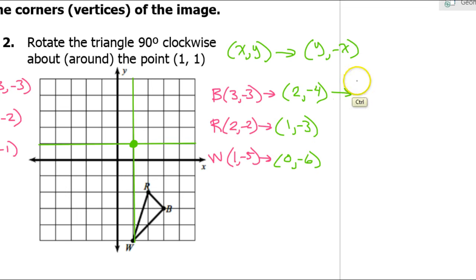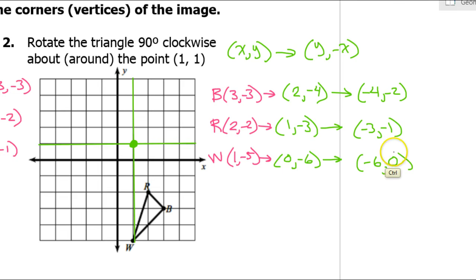So this is going to become y, opposite of x. And for W, y, and the opposite of 0 is still 0. So these are the new coordinates, still based on the new x and y axis.